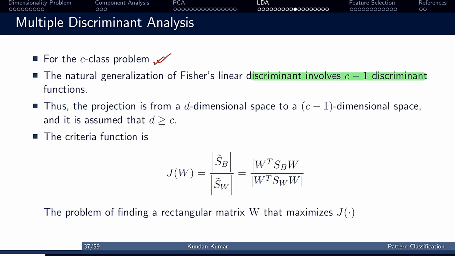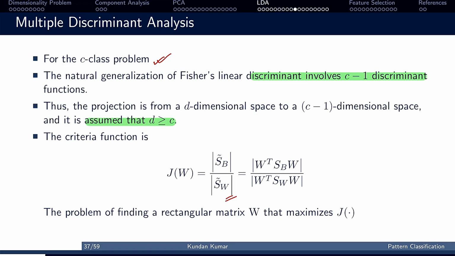So here we are seeking a projection of the data samples from a D dimensional feature space to a C-1 dimensional feature space, where D is assumed to be greater than or equal to C. Using the same concept as in Fisher linear discriminant analysis, we can define the criterion function for multiple discriminant analysis, where we need to maximize the ratio of the between class scatter matrix to the within class scatter matrix.